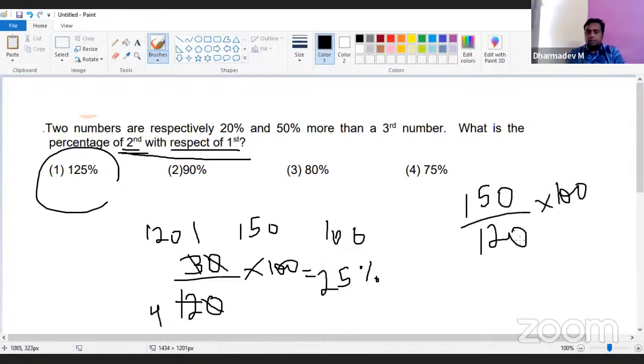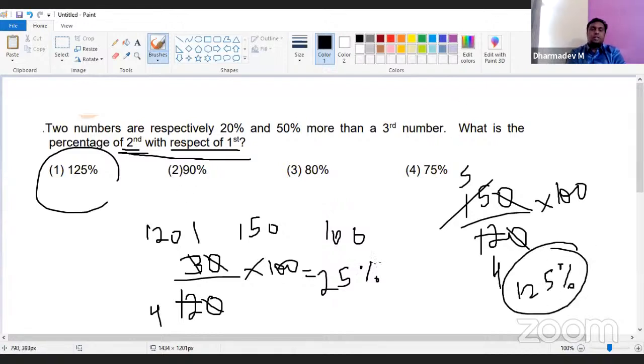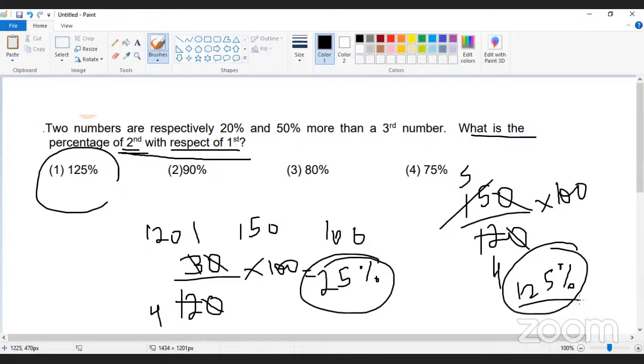When I do it this way, I get 5 by 4, that is 1.25 or 125. That is why the question is given like this. If they ask how much it is more, just 25 more. Since they are asking what is the percentage of the second one with respect to the first, it is 125%.